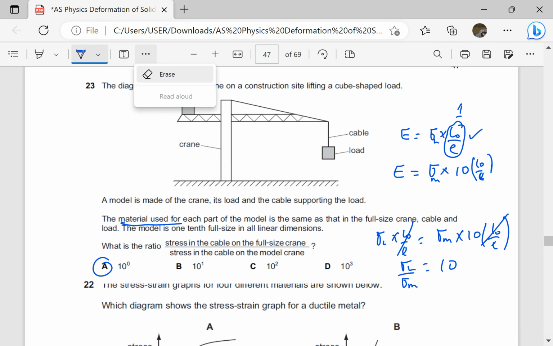Sorry, this is supposed to be 10 power 1, not 10 power 0. So this is going to be 10 power 1. I think we have answered a similar question earlier on before.